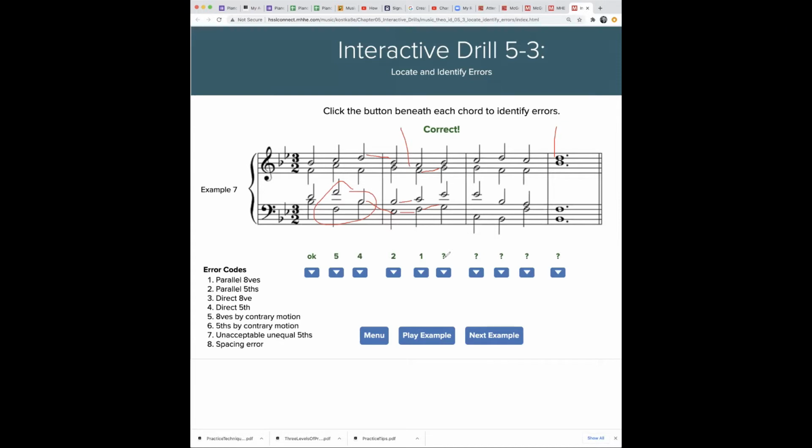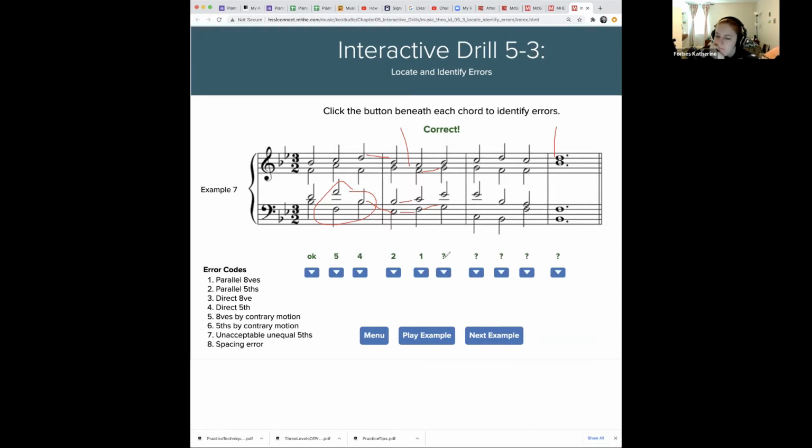I guess. I can hear it. You're taking two voices into one, from an octave, in opposite directions. All right. I don't understand the direct fifth in measure 1 to 2.